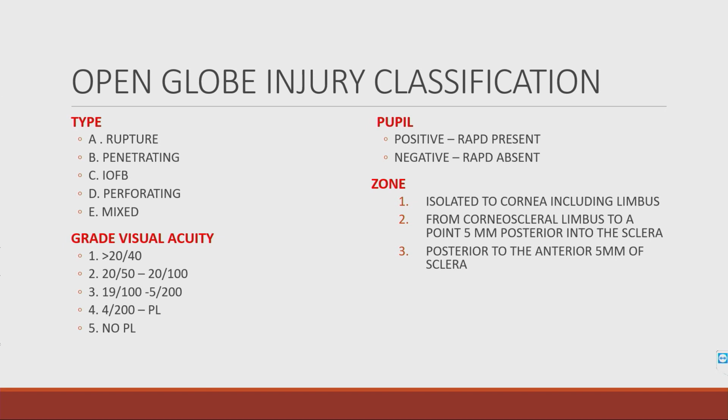This is widely used for recording purposes, and the types of open globe injury are rupture, penetrating, intraocular foreign body, perforating, and mixed. And these are recorded as A, B, C, D, or E. And the visual acuity is graded between 20/40 to no PL. And pupil is recorded as positive if RAPD is present and negative if RAPD is absent.